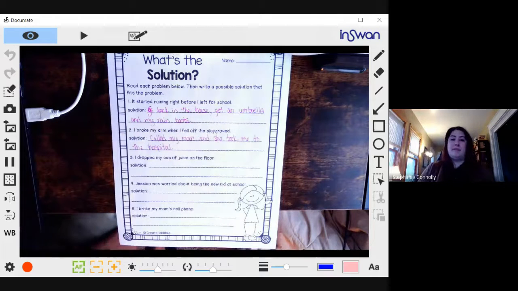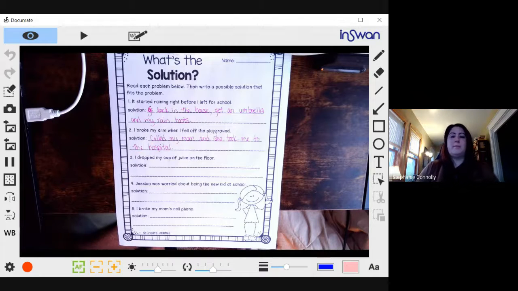I would definitely say that if you broke your arm when you fell off playground equipment, you should tell whoever you're with. That's the best solution. Like I said, there's not really right or wrong solutions, but you need to go to the hospital. Okay, number 3.